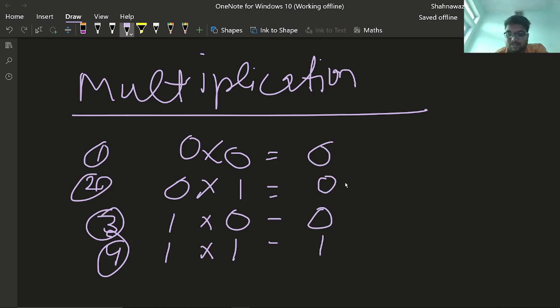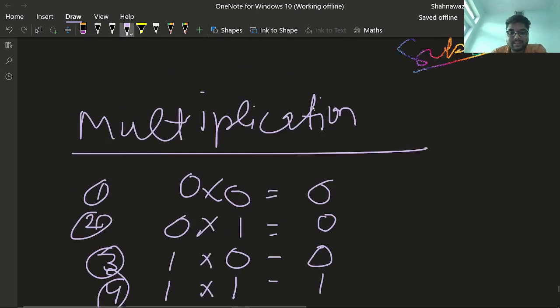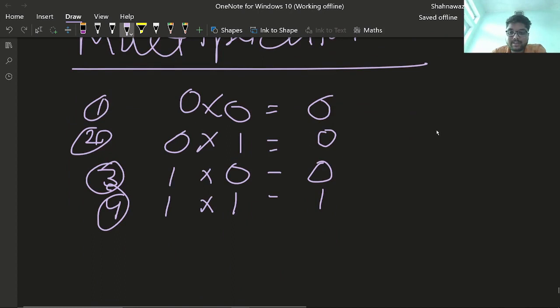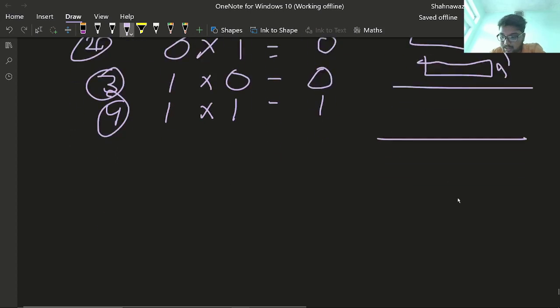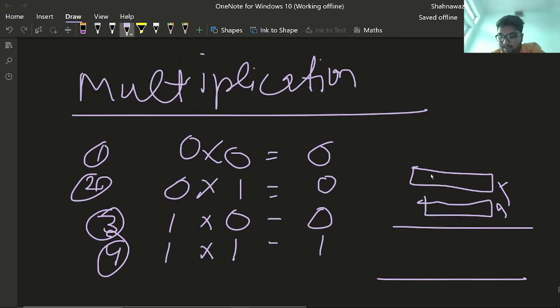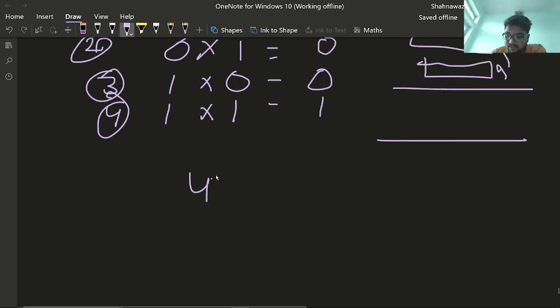After that we have to perform addition, because in every general multiplication we get some numbers, we multiply, and then we add. So here also we will be performing addition. Generally there are four rules for addition.